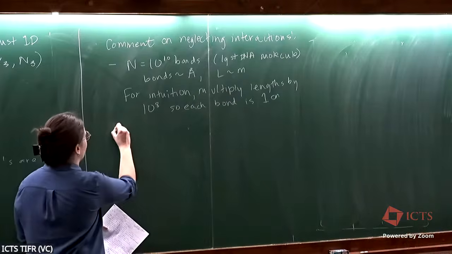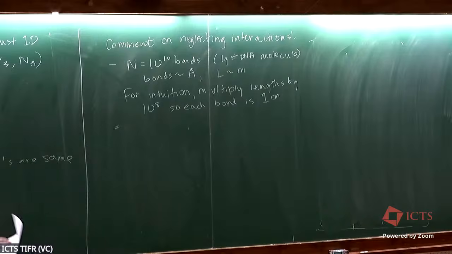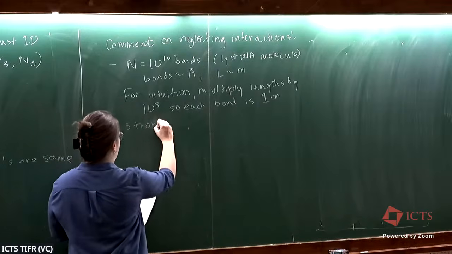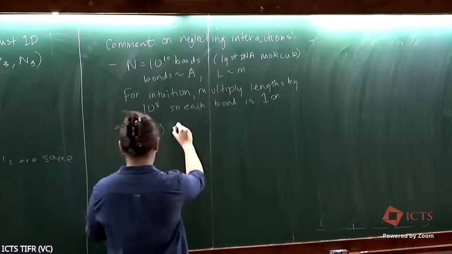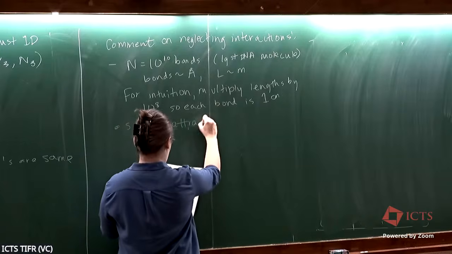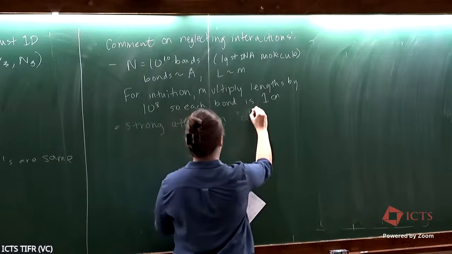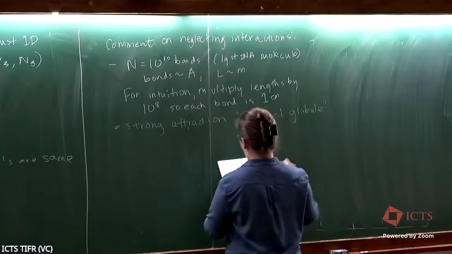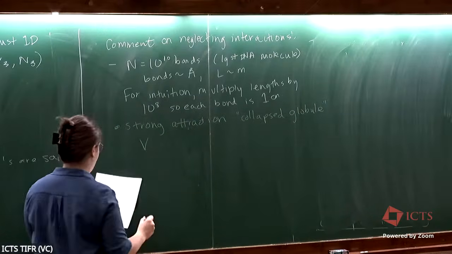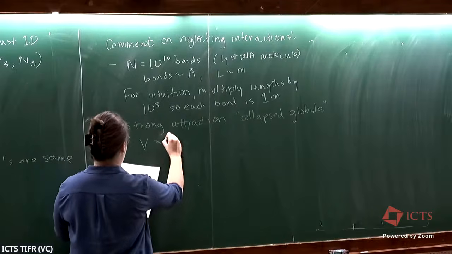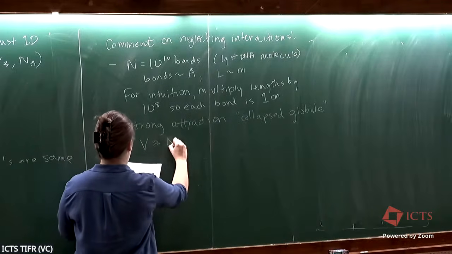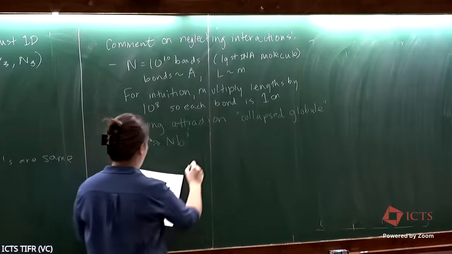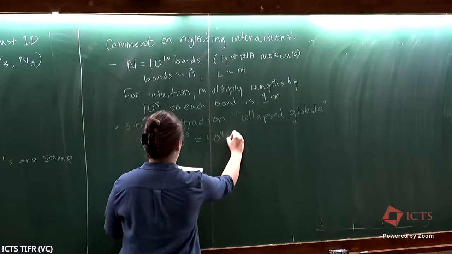One case you might be worried about is where there's strong attraction between the monomers. That doesn't seem terribly exotic. This can lead to what's called a collapsed globule. In this case, we can estimate the size as just N b cubed, which would be 10 to the 4 meters cubed.